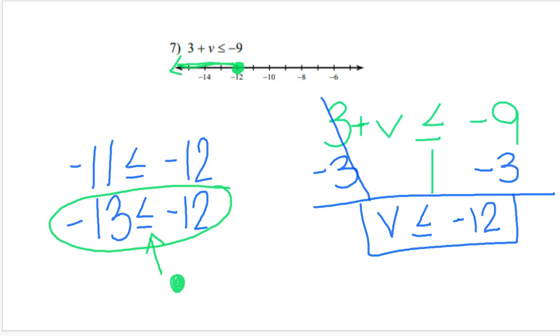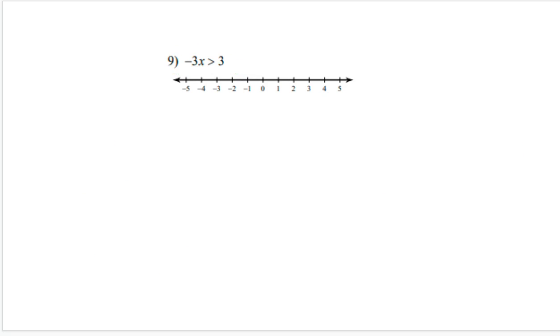So let's go ahead and look at our next problem. It says negative 3x is greater than 3. We have already looked at those negative numbers, so let's see how we do.